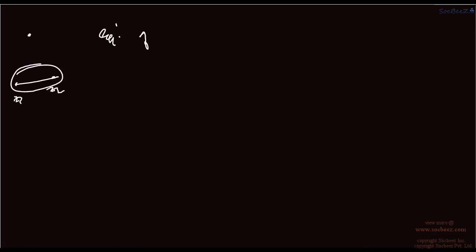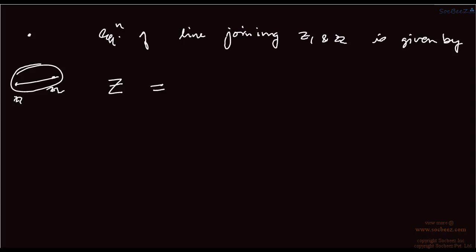Now we have another formula. The equation of the line joining z1 and z2: if we have two points z1 and z2, the equation of the line can be determined. So the equation of the line joining z1 and z2 is given by z equals t times (z1 minus z2) plus z1, just like y is equal to mx plus c.